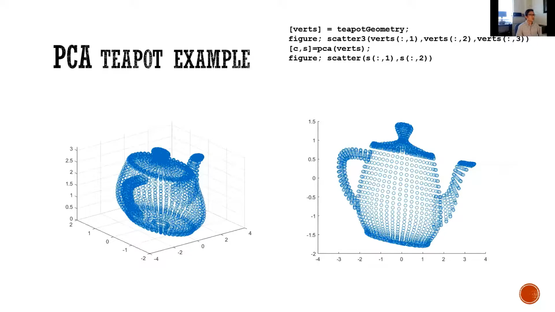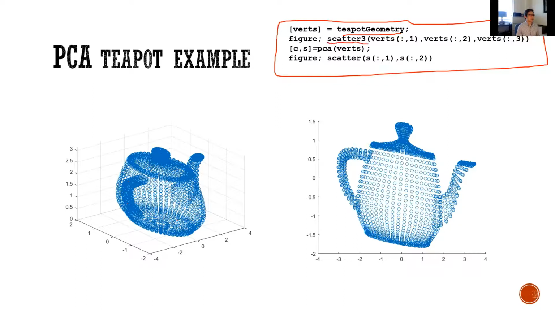Okay, so I'm going to use PCA on data points that form a teapot to illustrate the point. That's the source code I'm going to use in the MATLAB environment. This will read a set of data points, and those data points can be plotted in the three-dimensional space using a scatterplot3 function.